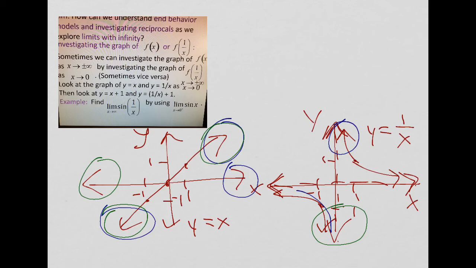So you can also do this with y equals x plus 1 and y equals 1 over x plus 1. And in our example here, we can see that it's the sine of 1 over x, and we're going to use the limit of sine of x to figure out that first limit. I should have described it as x approaches infinity, but we will get to that.